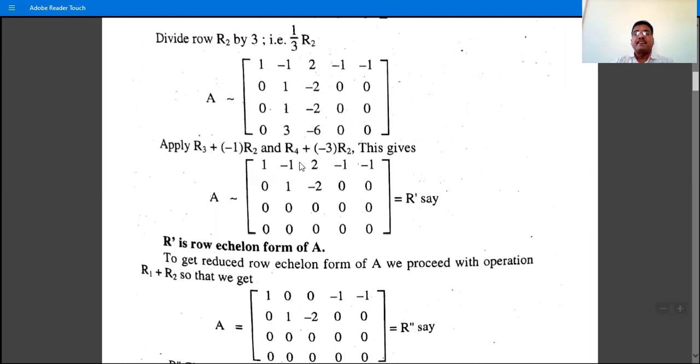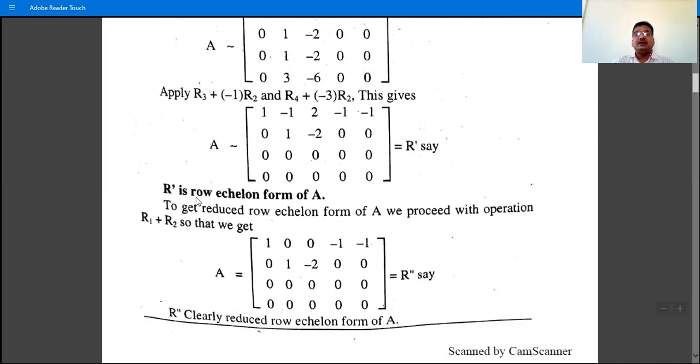Another operation is, multiply the second row by -3 and add in the fourth row, that is R4 plus -3 R2. So the first row and second row are as they are, the change is in the third row. So -1 plus 1, 0, and -2 plus 2, 0. Similarly, -3 plus 3, we have 0. Then -3 into -2 becomes +6, and -6 becomes 0, and these entries are also 0.